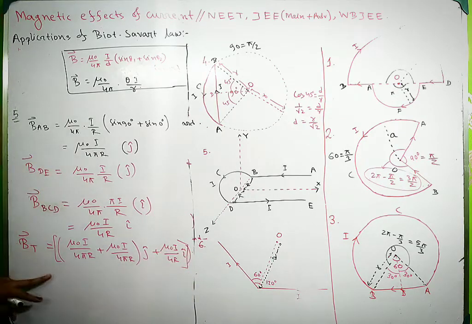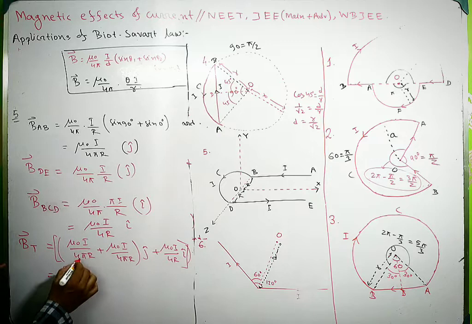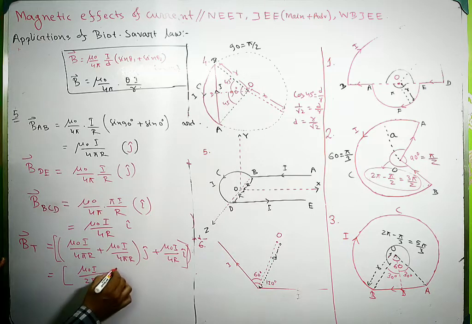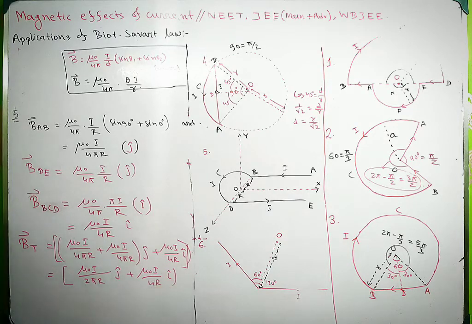This is the total magnetic field at point O. So this will be 2, so it will be mu 0 I by 2 pi R j cap plus mu 0 I by 4R i cap.